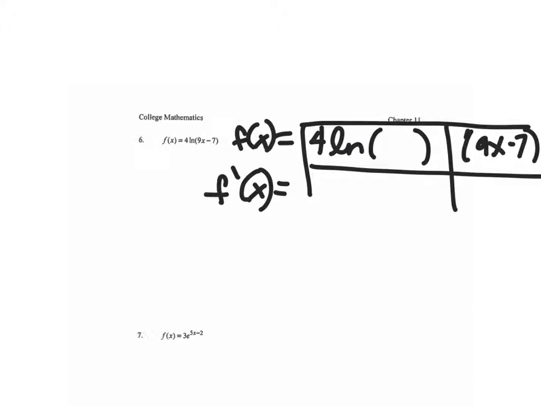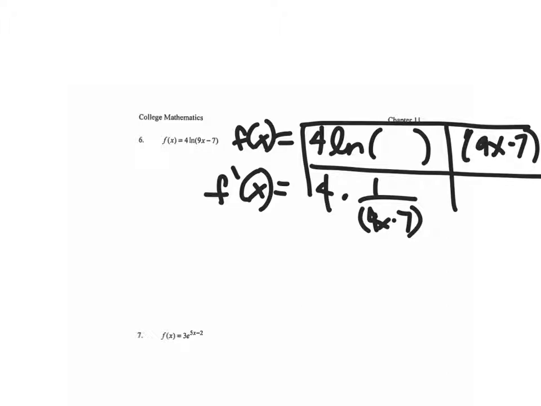If it had been 4 natural log of x, it would have been 4 times 1 over x. Since this is 4 times the natural log of something, wouldn't this be 4 times 1 over something? Right? And at this point, I want to go ahead and put back in that parentheses what the something is. What belongs in that parentheses? The 9x minus 7. Good.